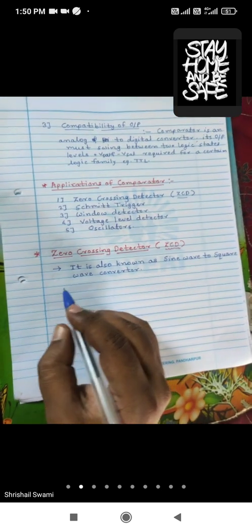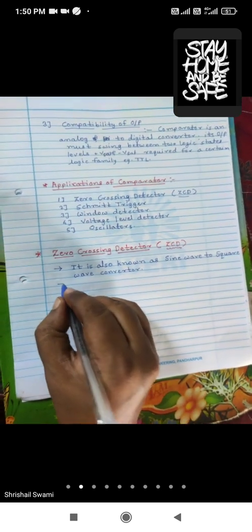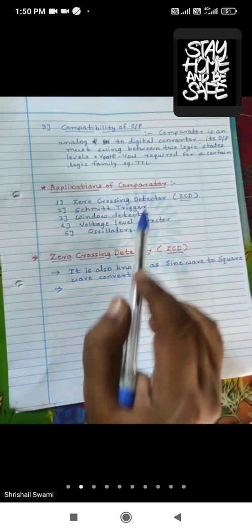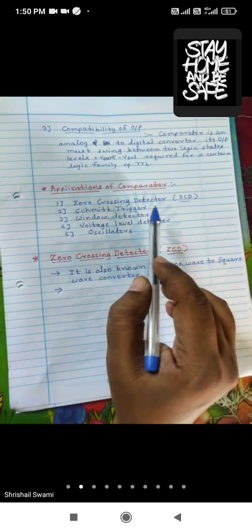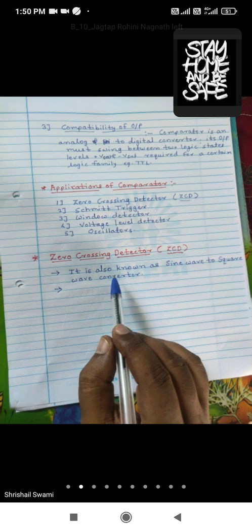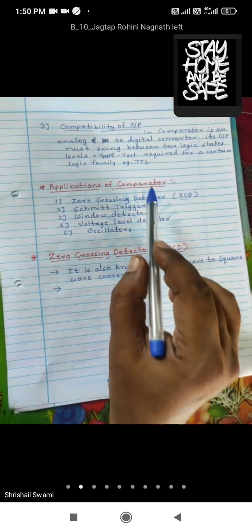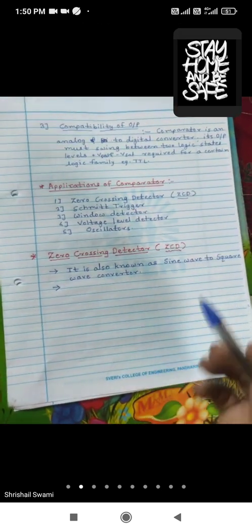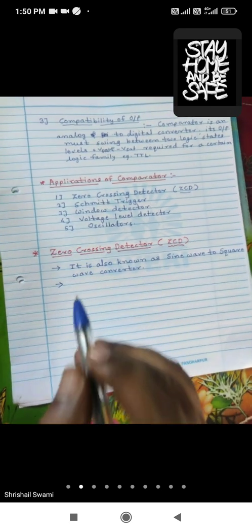Now the basic comparator, how it will get formed, म्हणजे comparator's application आहे ZCD. So what modification do we have to make in the comparator circuit so that we can get the ZCD, that we can define here.